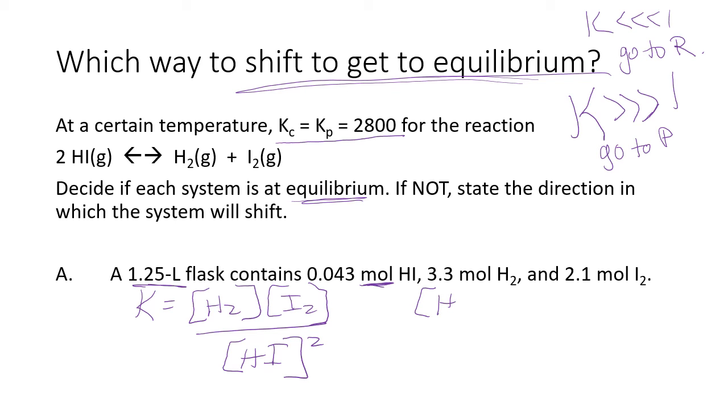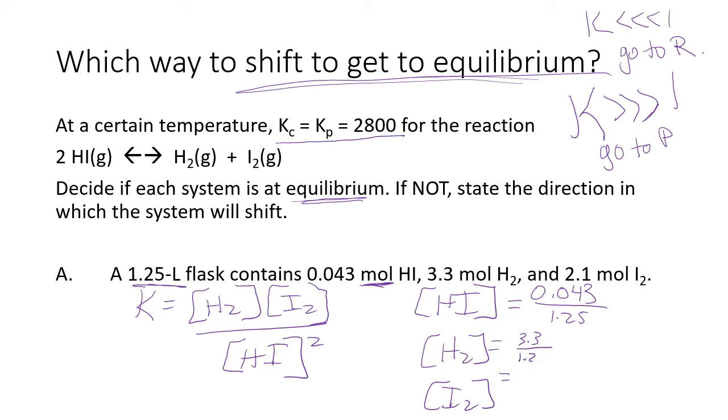I have my molarity of HI, H2, and I2, which are equal to 0.043 over 1.25, 3.3 over 1.25, and 2.1 over 1.25, which will give me new numbers. Let's figure out what those are.